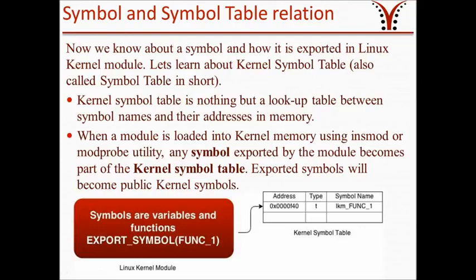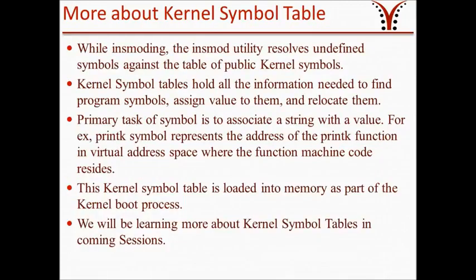So whenever you insmod a kernel module, whatever functions or variables are exported using EXPORT_SYMBOL will be a part of this table, and this table will be used as a lookup table between symbol names and their addresses in the memory. The insmod utility resolves undefined symbols against the table of public kernel symbols.